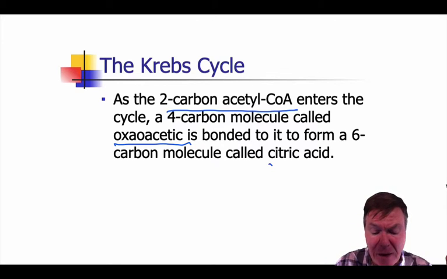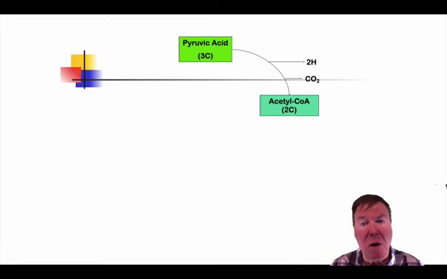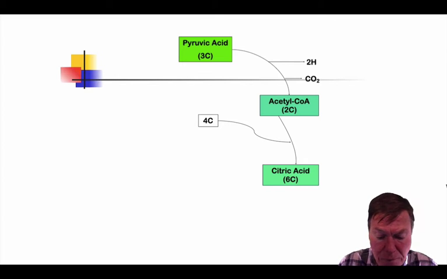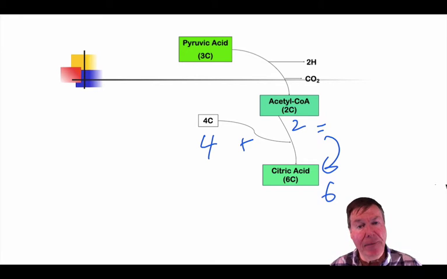And it becomes a 6-carbon called citric acid. Picture, 1,000 words. We start with acetyl-CoA, add a 4-carbon, and it becomes citric acid, a 6-carbon. How? 4 carbons plus 2 carbons equals a 6-carbon.